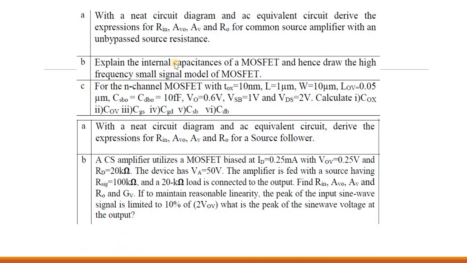First you are going to explain the internal capacitances, that is basically two internal capacitances are there. One is because of gate capacitance effect and one more is because of source body or drain body diffusion capacitance, that is junction capacitance. After explaining that, draw the high frequency model of the MOSFET.